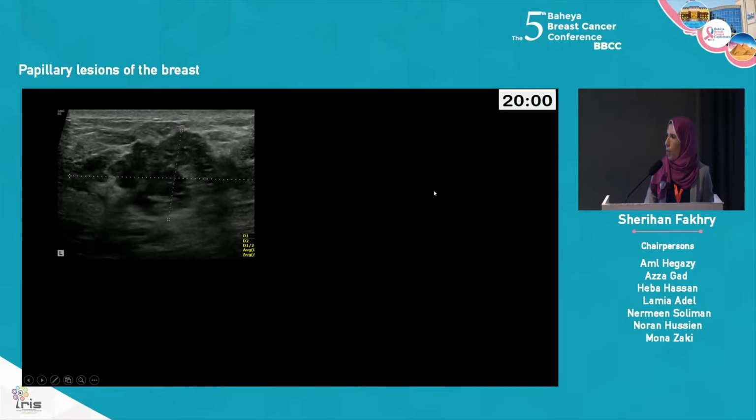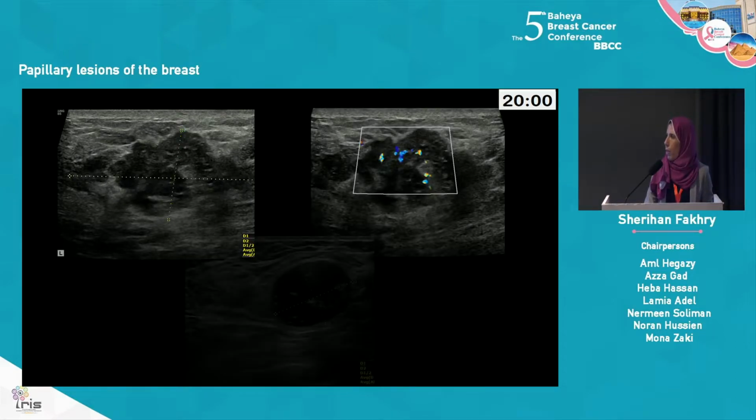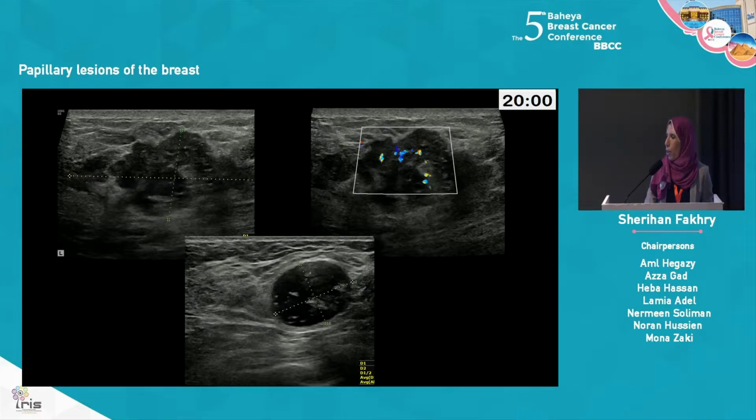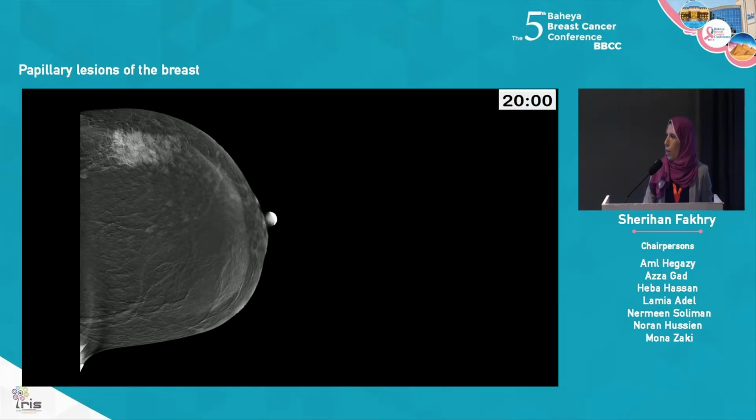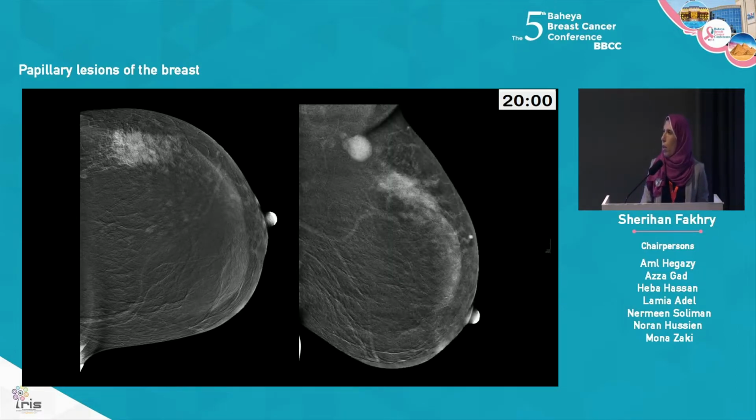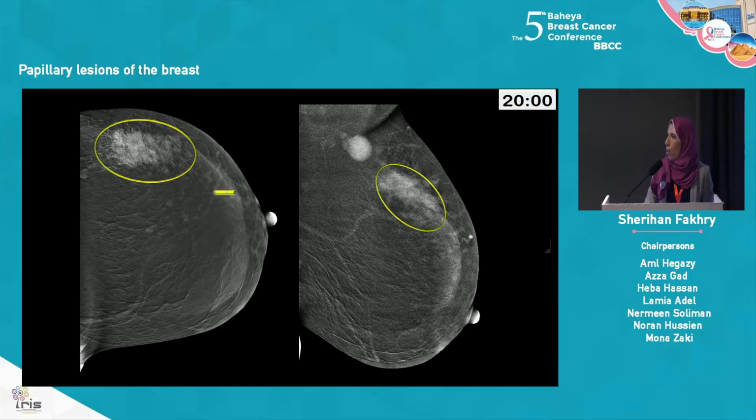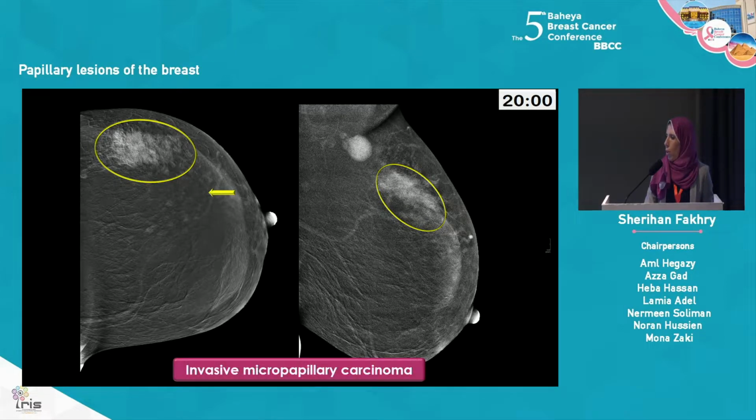By complementary ultrasound, there was an irregular hypoechoic mass with evident increased vascularity and pathological axillary lymph node. By contrast-enhanced images, there was an irregular heterogeneously enhancing mass associated with non-mass enhancement. Pathology revealed invasive micropapillary carcinoma.